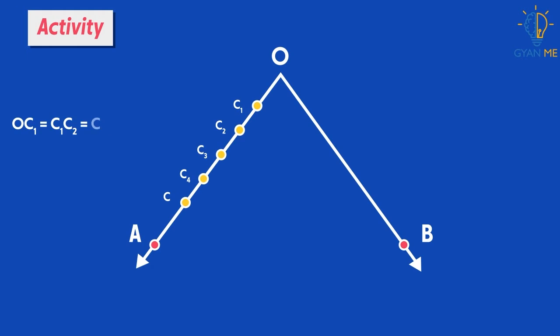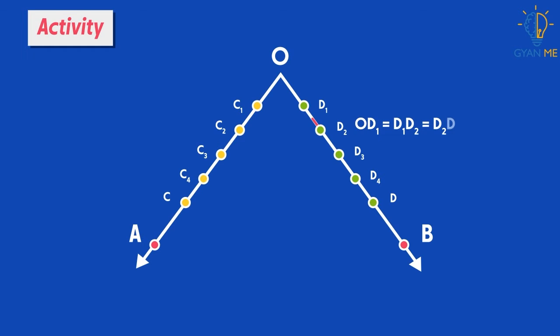Also mark 5 points D1, D2, D3, D4 and D on arm OB such that OD1 is equal to D1D2, which is equal to D2D3, which is equal to D3D4, which is equal to D4D.